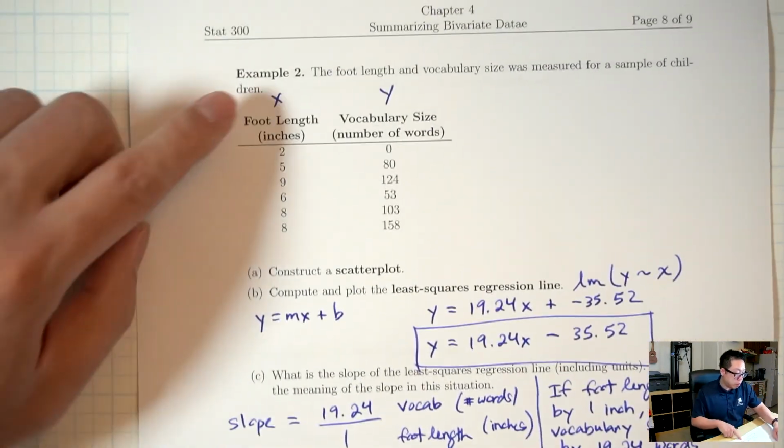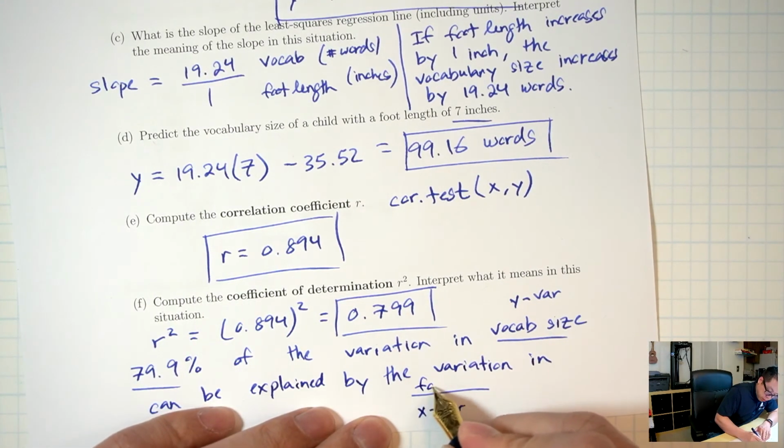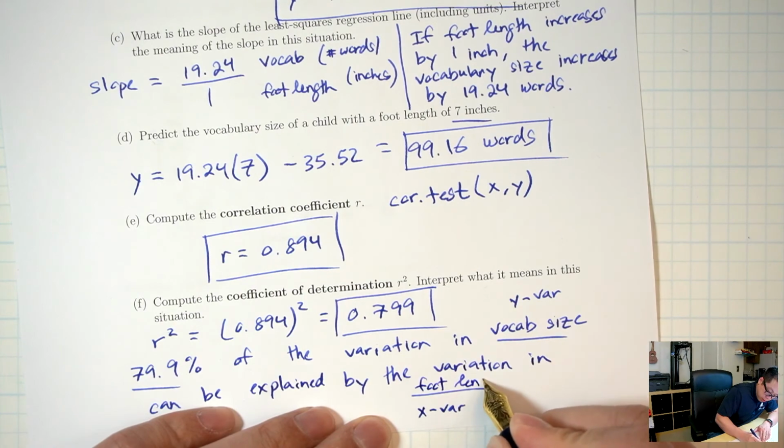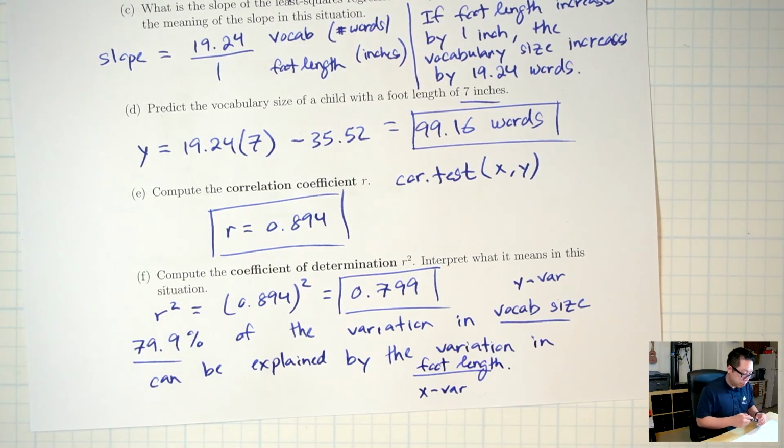Our X variable was foot length. So 79.9% of the variation in vocabulary size can be explained by the variation in foot length.